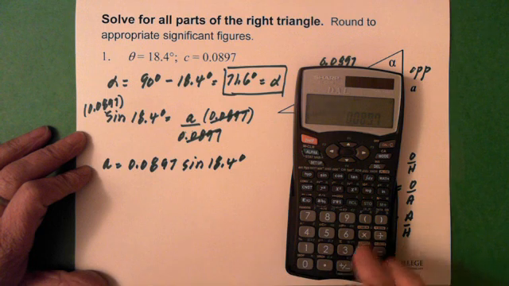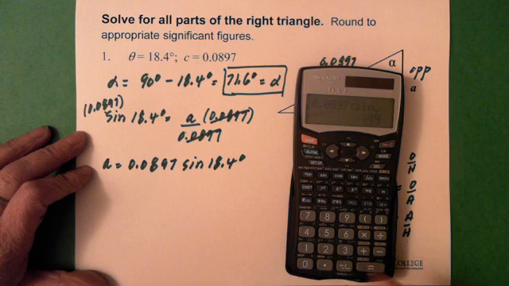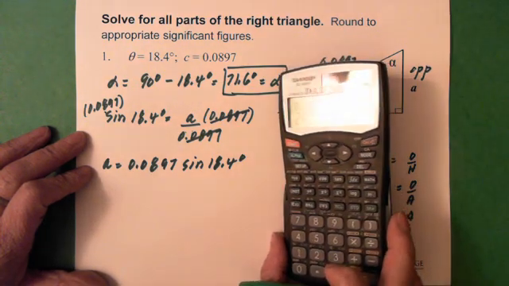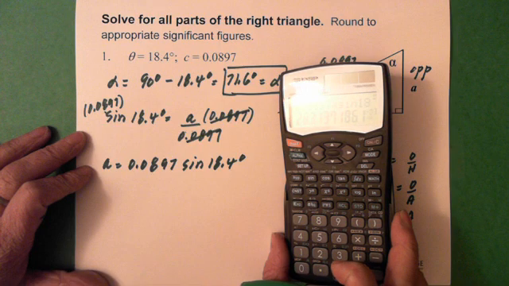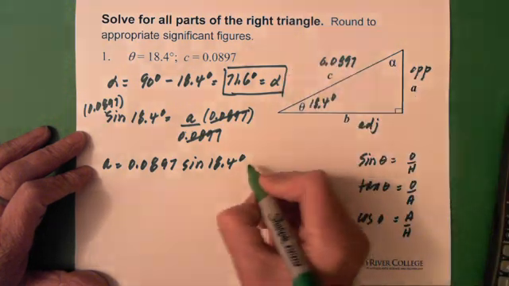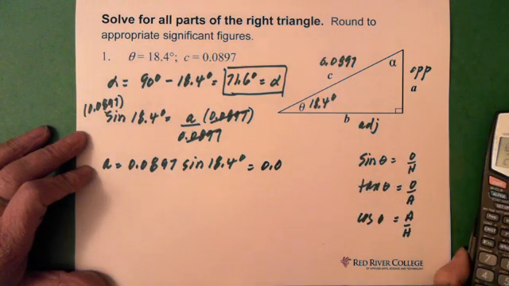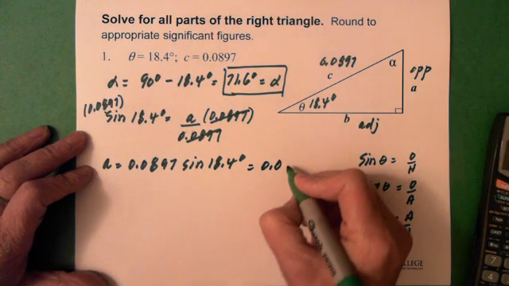So we just put that in our calculator. 0.0897 times the sine of 18.4 equals 0.0283.